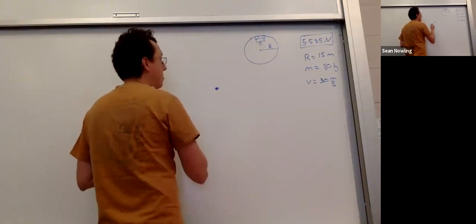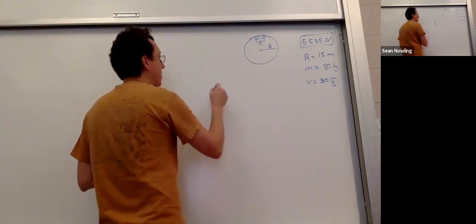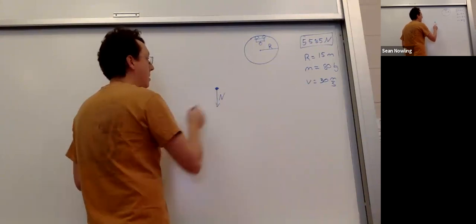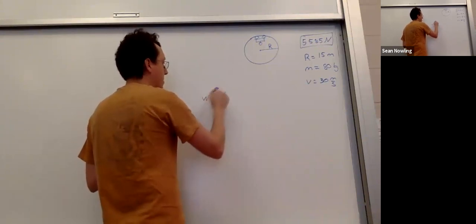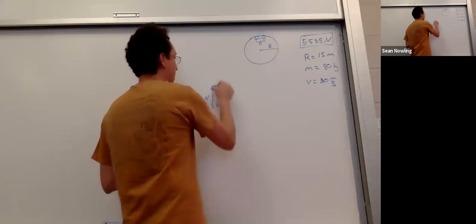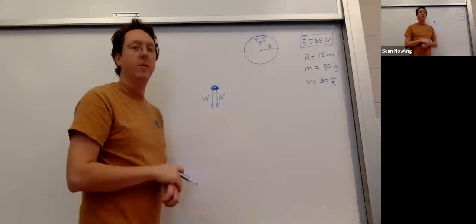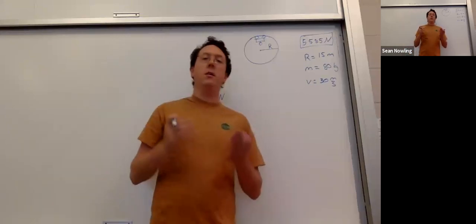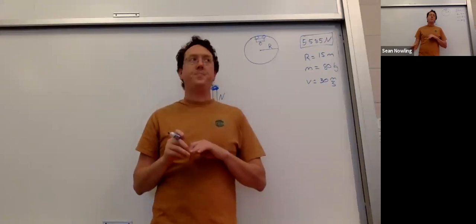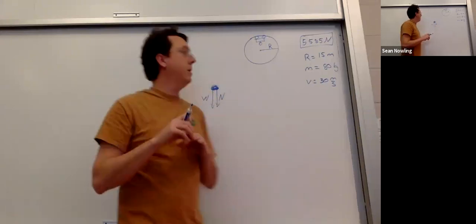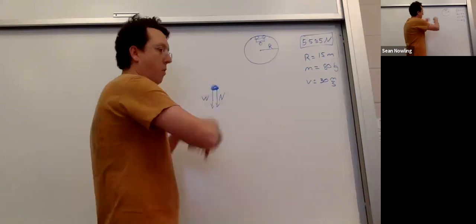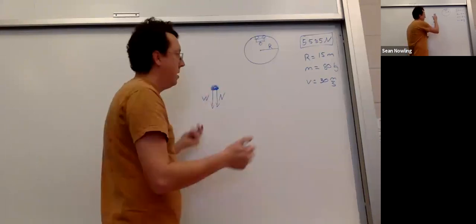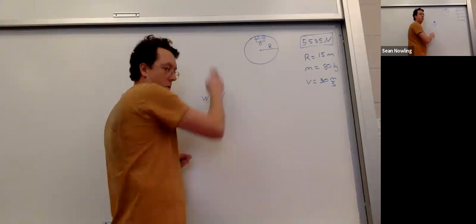Here's a person, here's the free body, and there's also a weight force which acts down. Okay. So there are two forces acting on my person as I go around the loop, and they both are in the same direction.